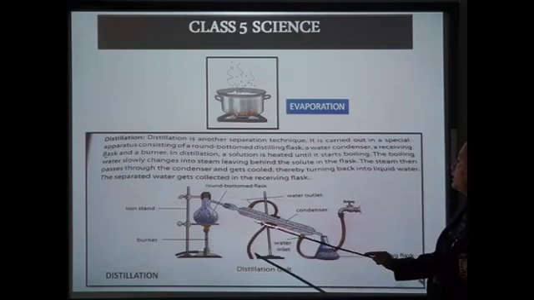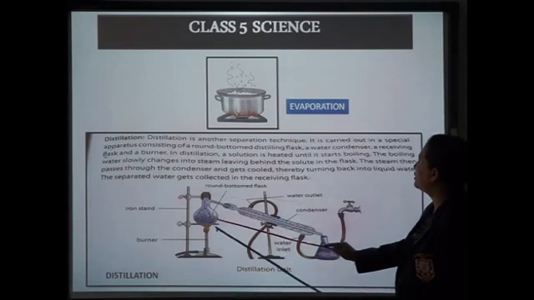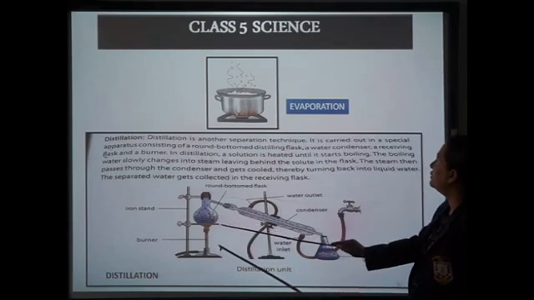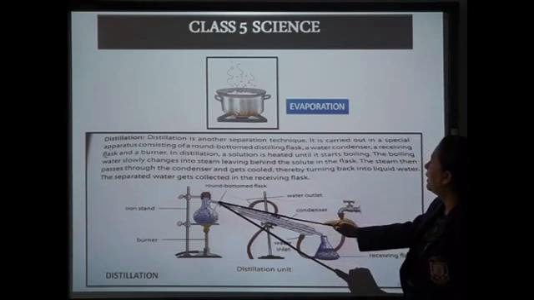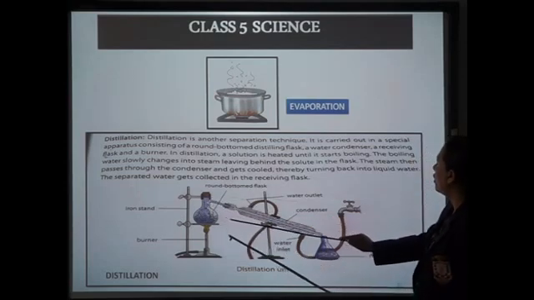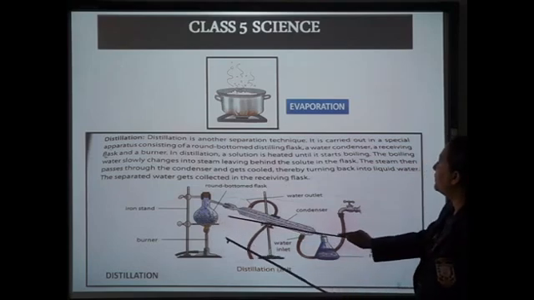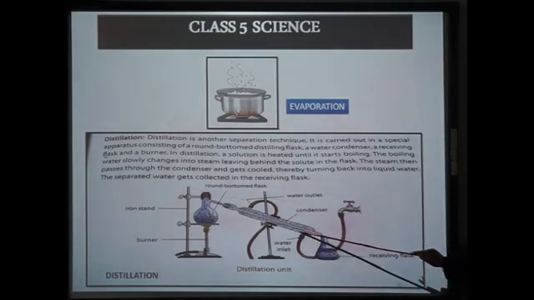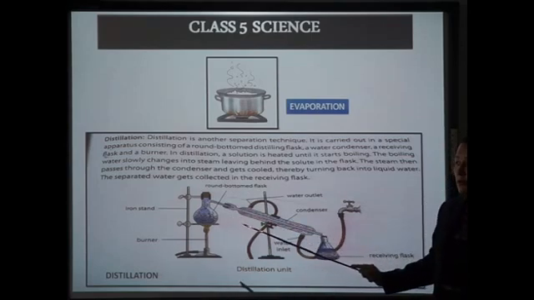So, in distillation, a solution is heated until it starts boiling. The boiling water slowly changes into steam, leaving behind the solute in the flask. The steam passes through the condenser and gets cooled, thereby turning back into liquid water.